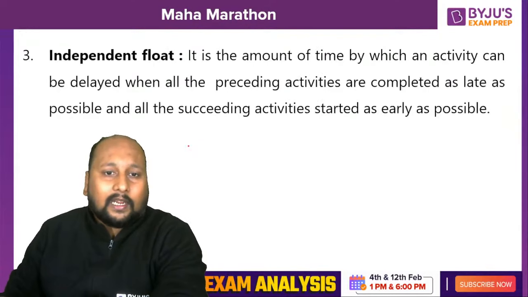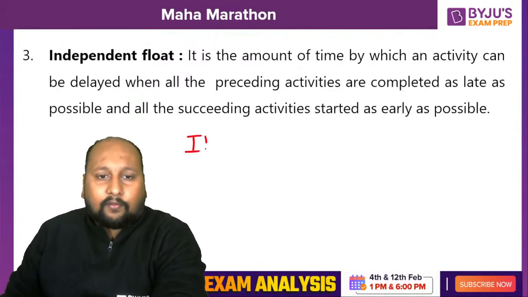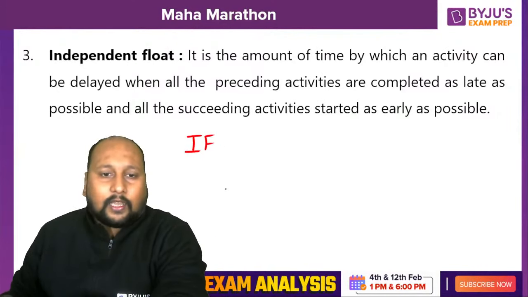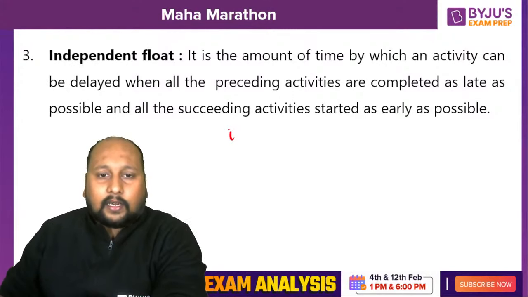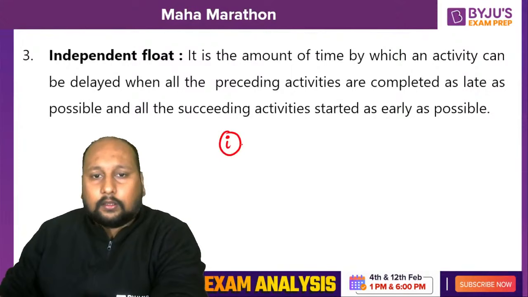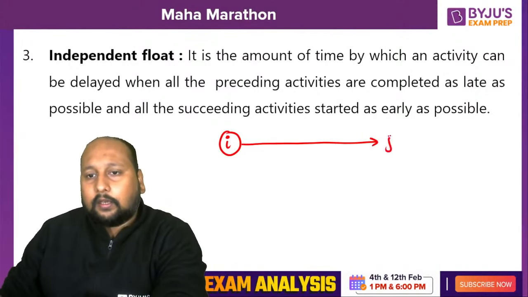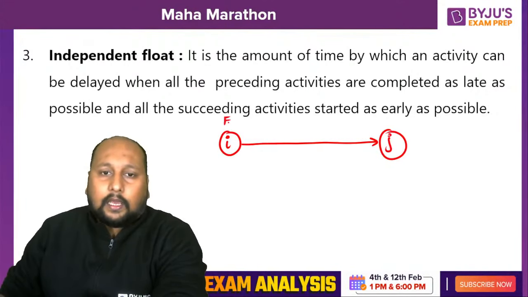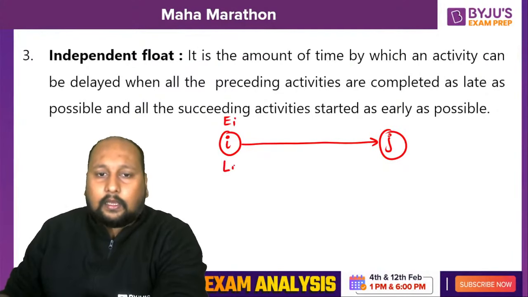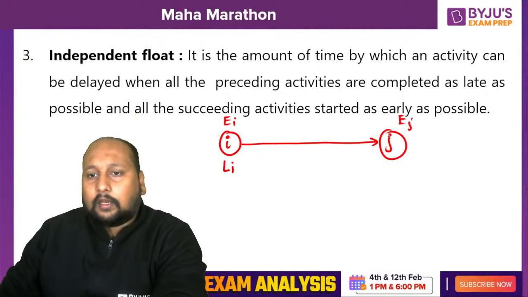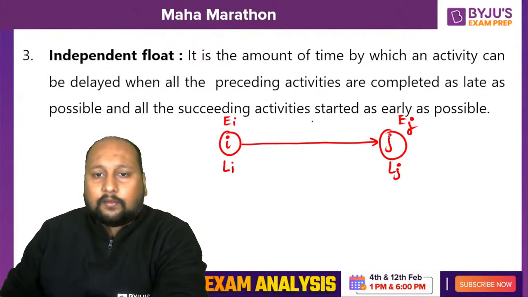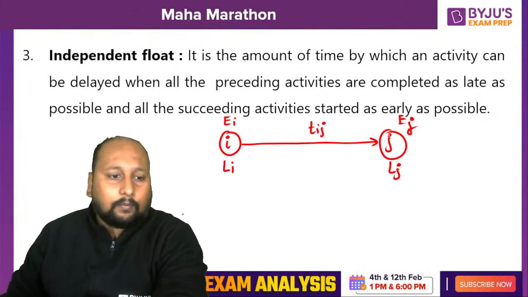If I talk about the independent float, I can write it like this: I, J, EI, LI, EJ, and LJ, where Tij is the duration of completion.